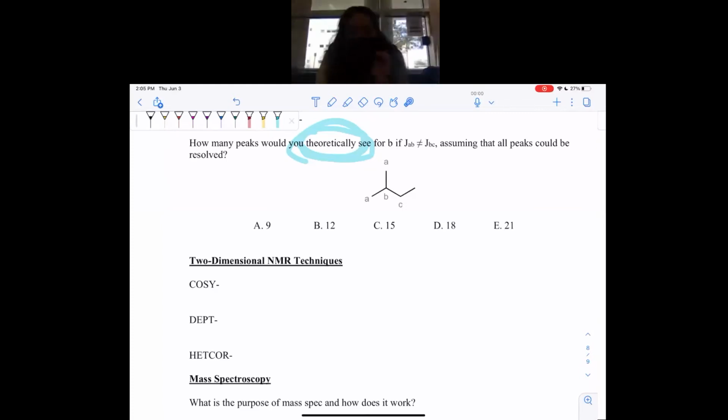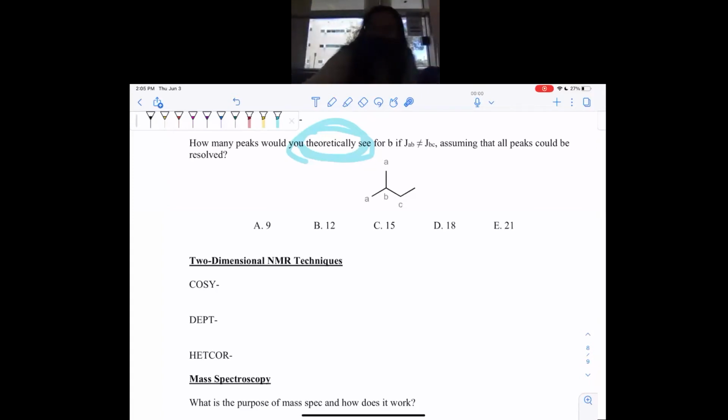So this one, he says, how many peaks would you theoretically see if the J values were different? He's essentially telling you, like some people said, pretend it's complex splitting and tell me the answer.